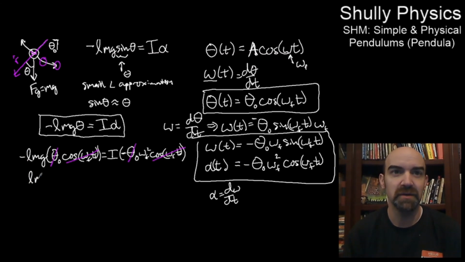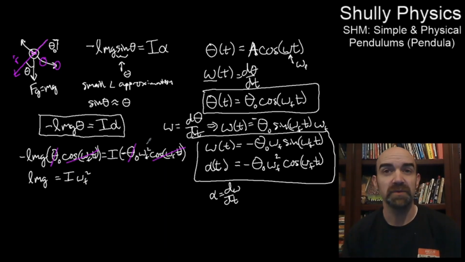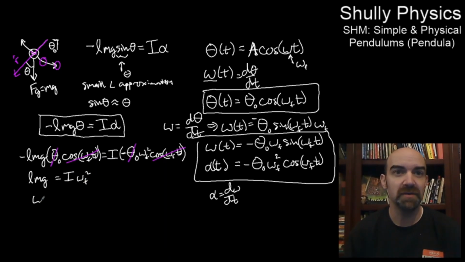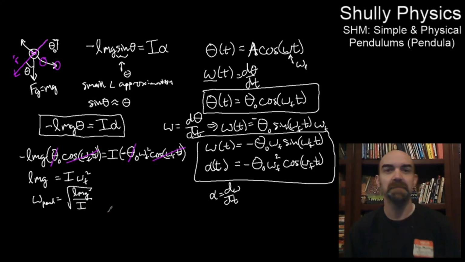We're left with an LMG on this side and an I omega f squared. So if we're to solve for that omega f, that omega for a pendulum, we would have the square root of L mg, that's the length, divided by I.